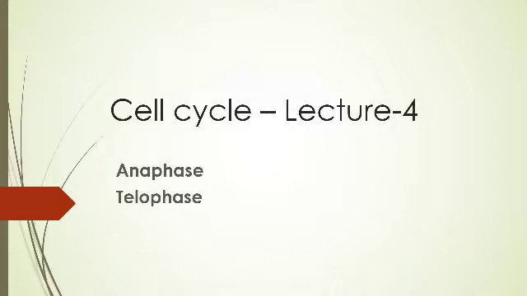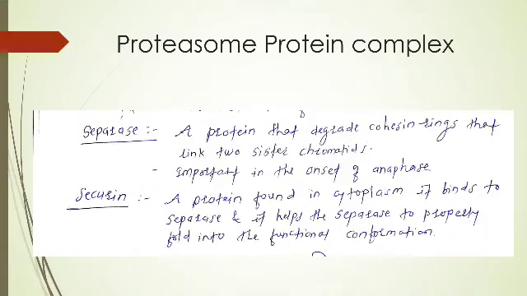So the amount of protein should be maintained inside the cell, and this is maintained by the proteasome protein complex. After the excess proteins are broken down, peptides are formed, and from these peptides new proteins are formed which the cell requires.